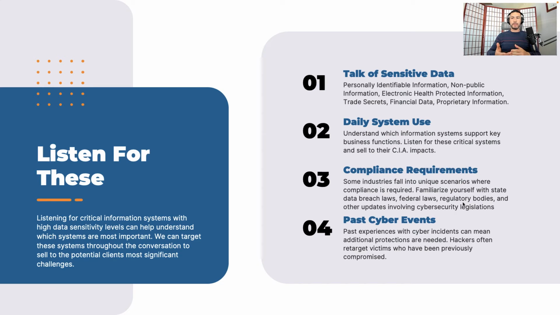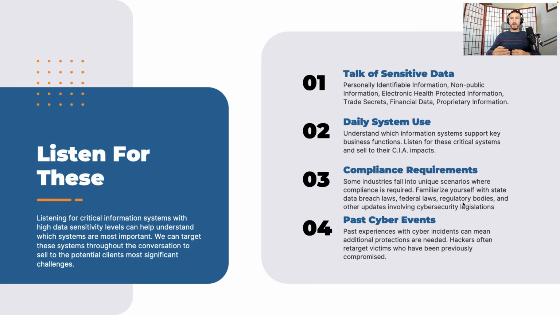Another thing that can support the sale of cyber liability insurance is a need for compliance requirements. There are certain companies within specific industries that do require cybersecurity protections, and one of those may be a cyber liability policy. So if we start listening for compliance requirements, we can tie CIA impacts to those as well.